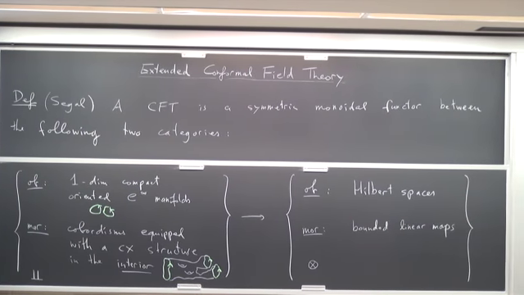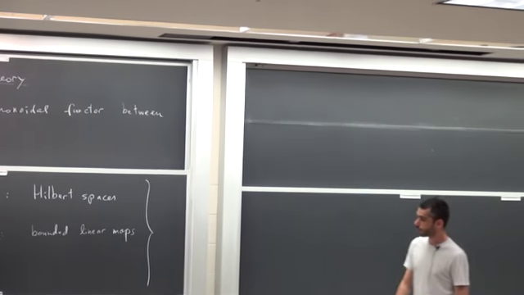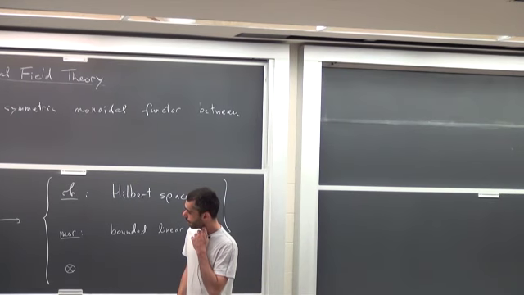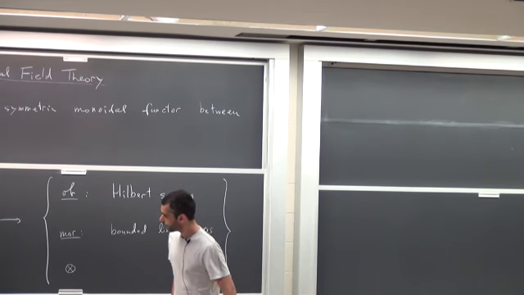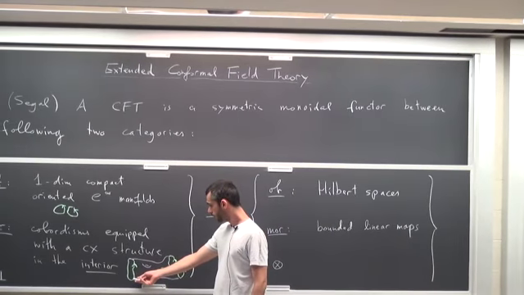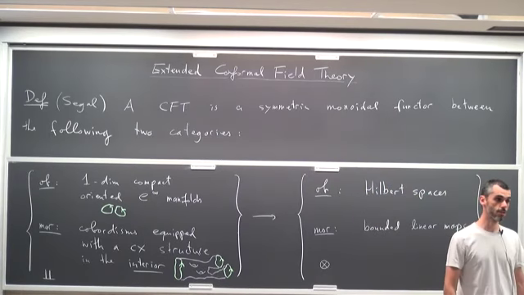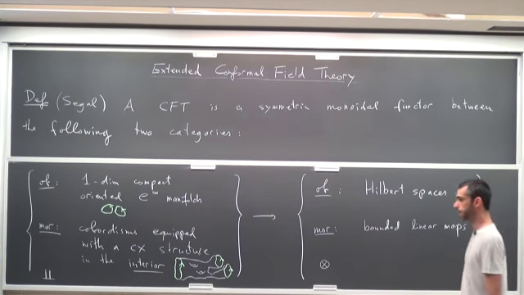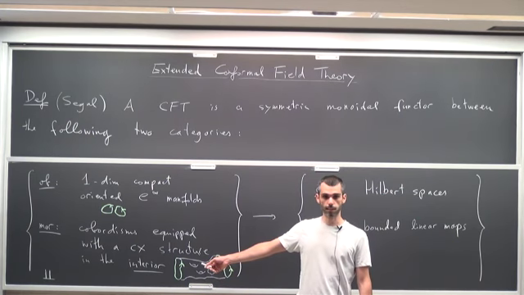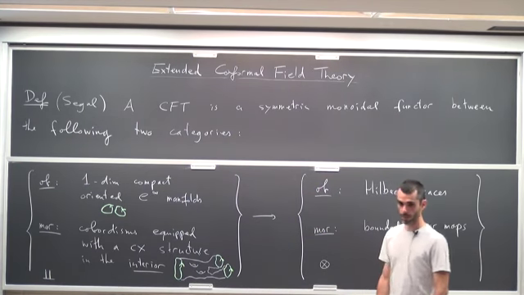Along the same lines, how do you think of the identities in this bordism category? The identity is, well, there's a few different ways of answering that question. One way is to say that there are no identities, and if there's no identities in that category, that doesn't cause any problems in defining what it means to be a functor.